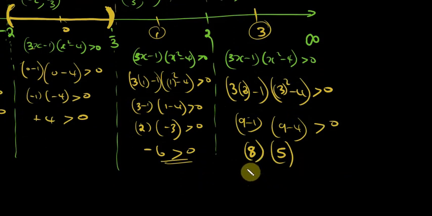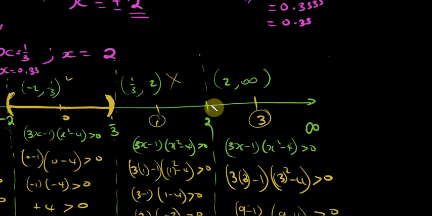Because 5 times 5 is 25, 5 times 6 is 30, 5 times 7 is 35, and 5 times 8 is 40. 40 is greater than 0, so the condition is met in this region. Therefore, we cannot plot it like that. The hole states that 2 is not included in the set.